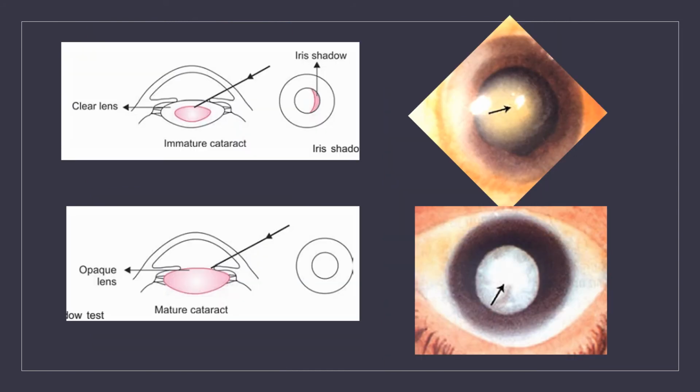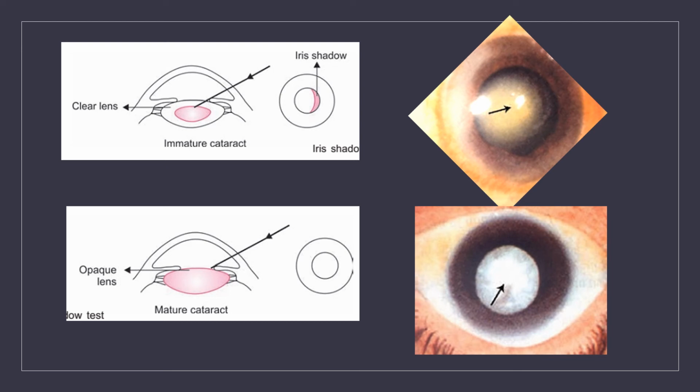This is the iris shadow test to detect the maturity of the cataract. Light is projected at a 45 degree angle onto the lens. If there is immature cataract, the iris forms a shadow on the cataract opacity, and it appears as a concentric black shadow.